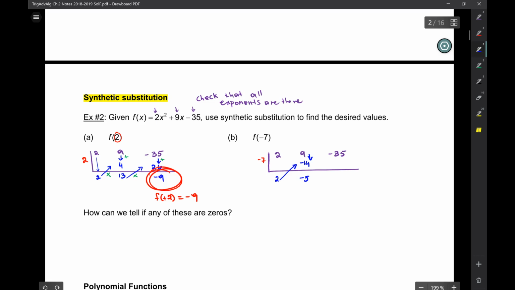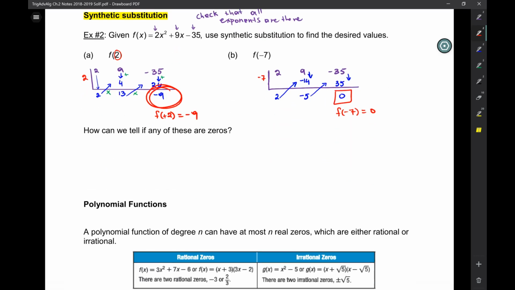You multiply, you get positive 35. You add, you get 0. Again, that last number there is your f of negative 7. So f of negative 7 is equal to 0. Right? So how can we tell if any of these are zeros? Basically, f of negative 7 is equal to 0.